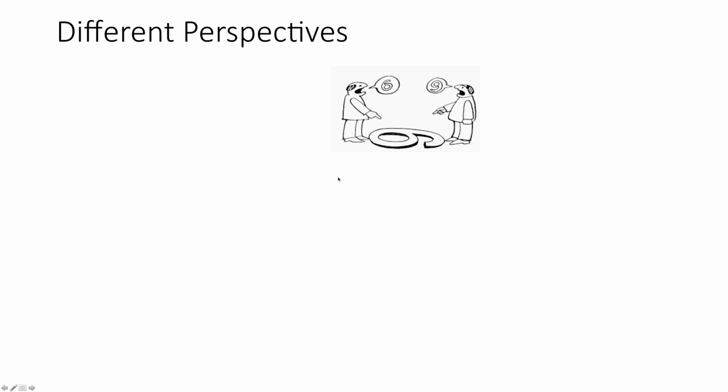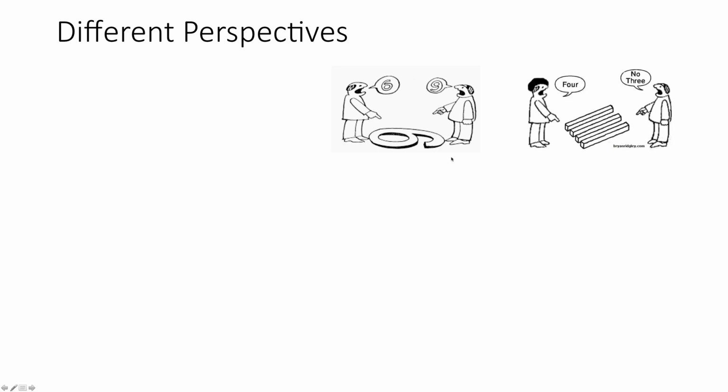Now the key point here is, in order for you to look at the problem from a totally different perspective, you have to change your viewpoint, which means you have to physically change the location from left to right so that your perspective changes from 6 to 9. The key here is to change the position from which you are looking at the problem.